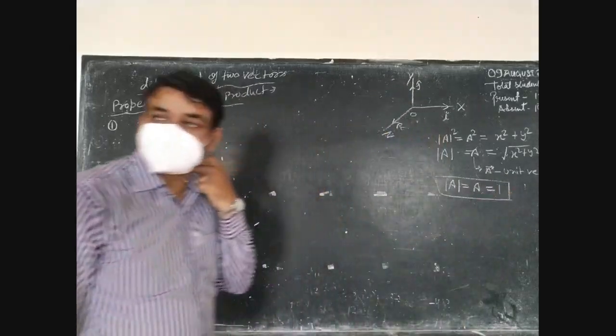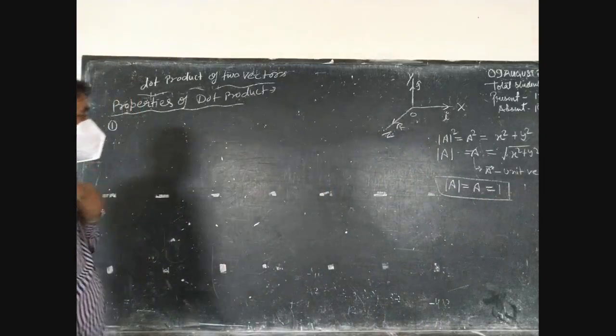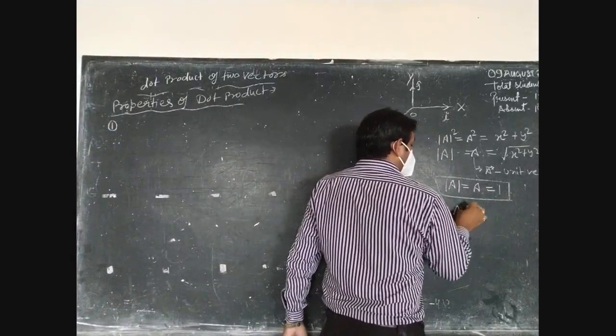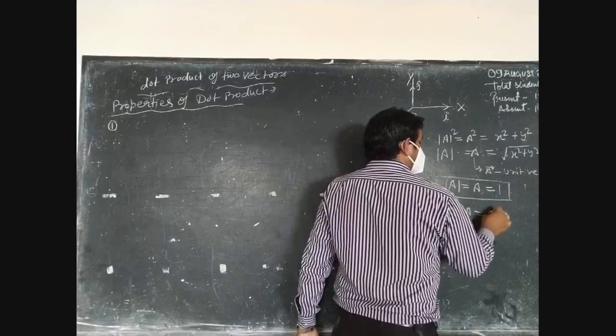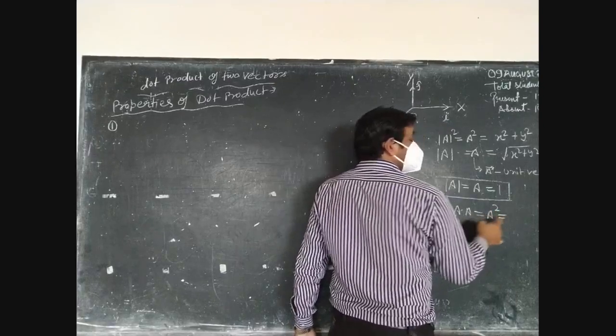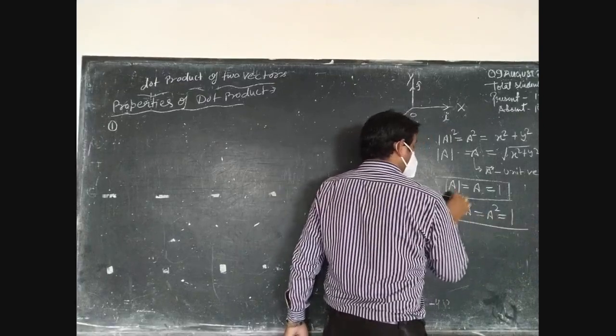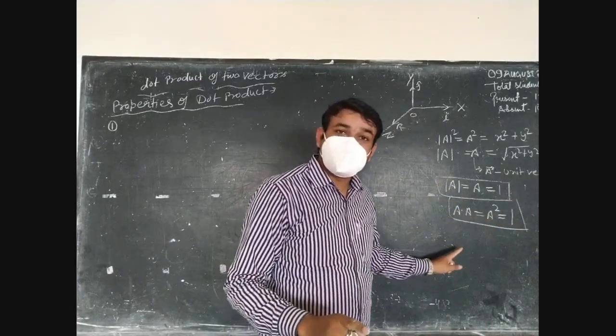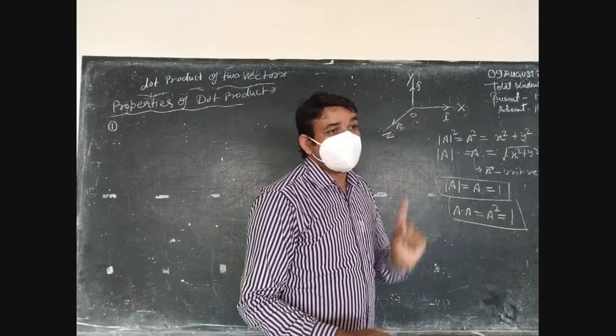Note it. When A dot A is multiplied, we get A square, which is modulus of A squared, equal to 1.